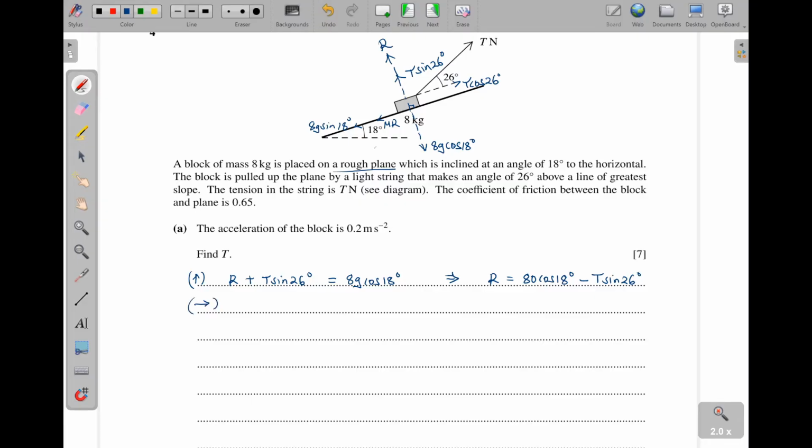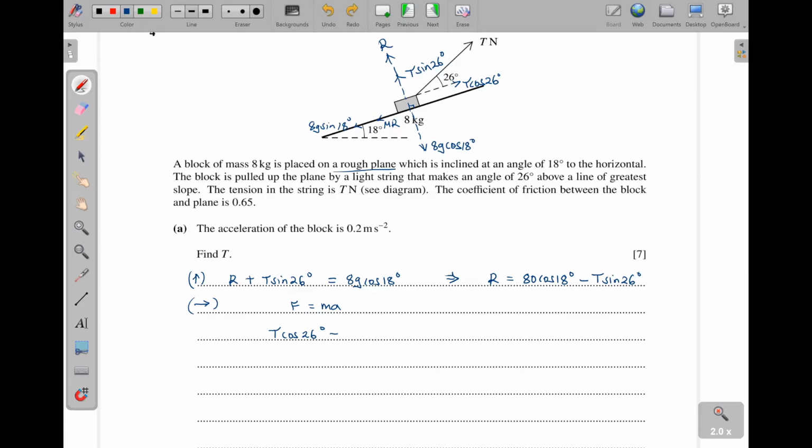Then let's look at the forces acting along the plane. Since there is movement here, we are going to use F is equal to MA. There is a net force that takes the particle up, and that is T cosine of 26. Then we subtract these two forces opposing the motion.